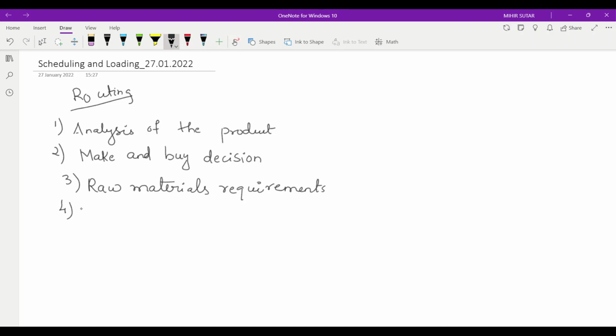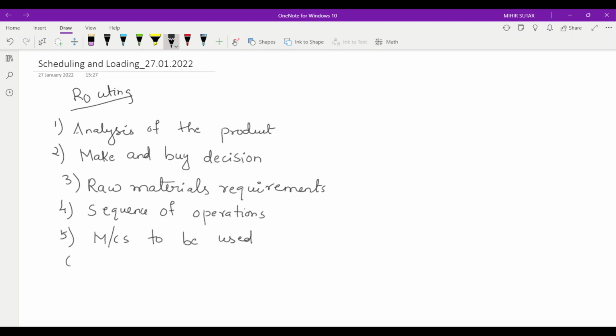Fourth is sequence of operations. Fifth is machines to be used.